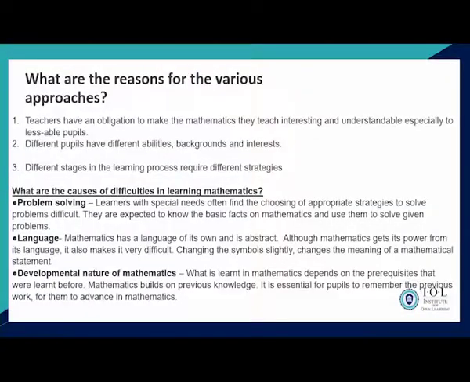There are so many reasons why learners are doing so badly. There are many learning difficulties. Problem solving: learners with special needs often find it difficult to choose an appropriate strategy to solve problems. They are expected to know the basic facts of mathematics and to use them to solve given problems.